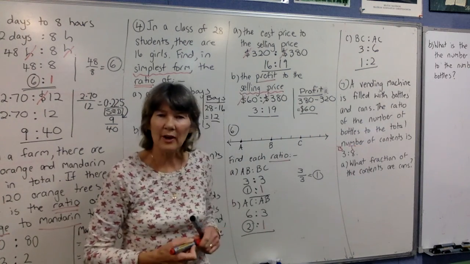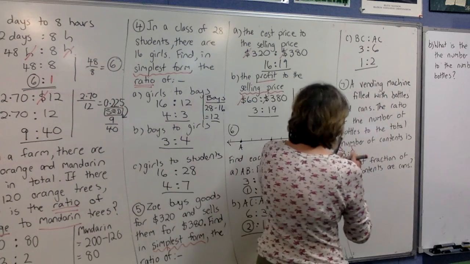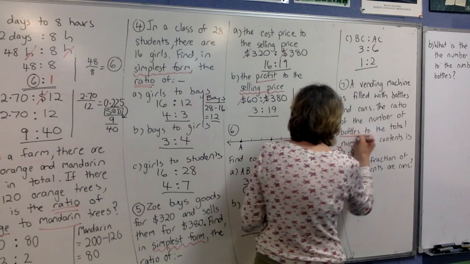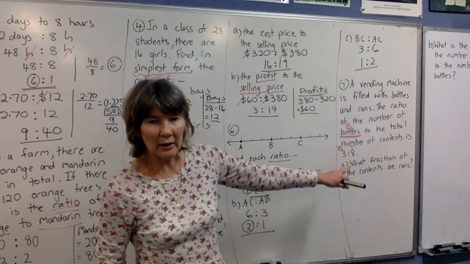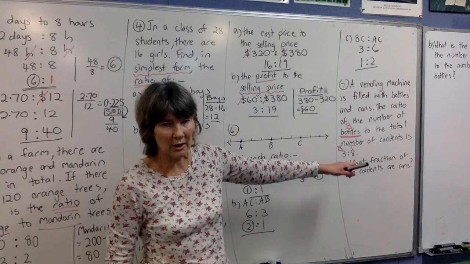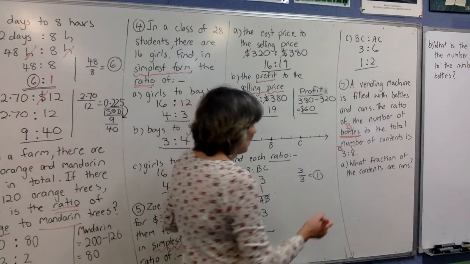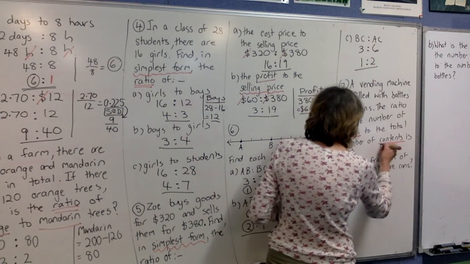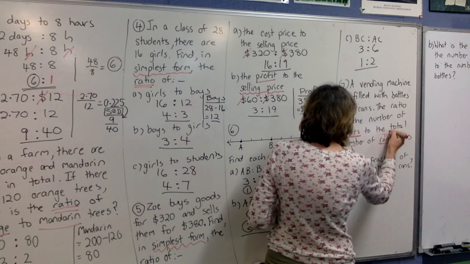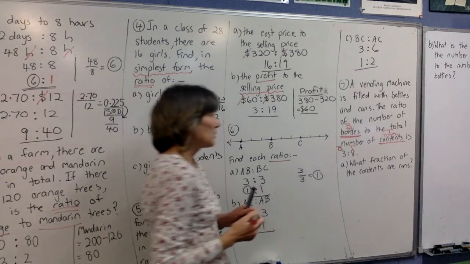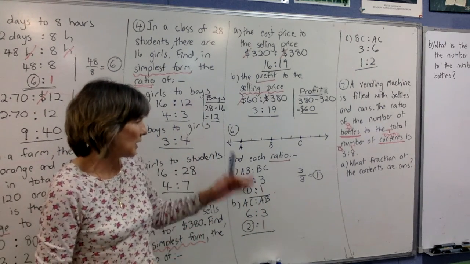If you're getting confused, I like to just write the first letter of the important thing, like B for bottles. I don't like the word contents because that is going to be a C, the same as cans, so I don't want that. So I'm changing this to total, and I'm calling it a T. Okay? So bottles to the total things in the vending machine is 3 to 8.